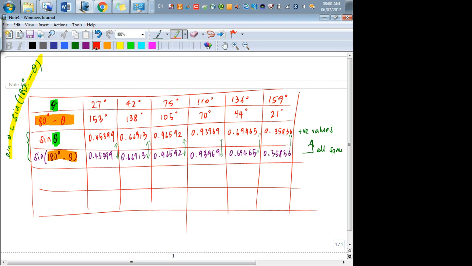Next row, we have cosine theta. Fill it up by yourself.